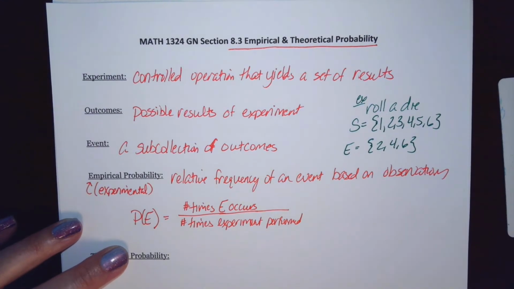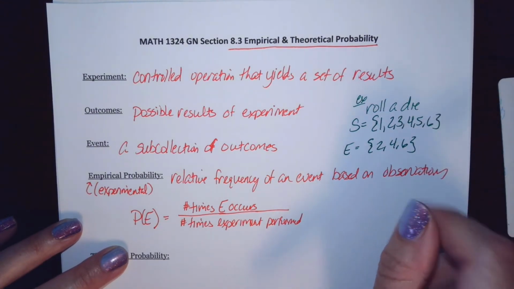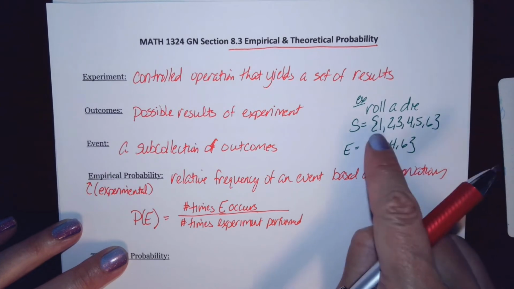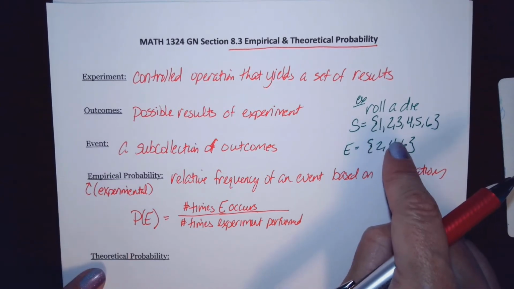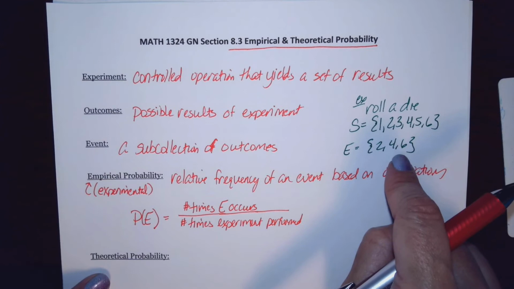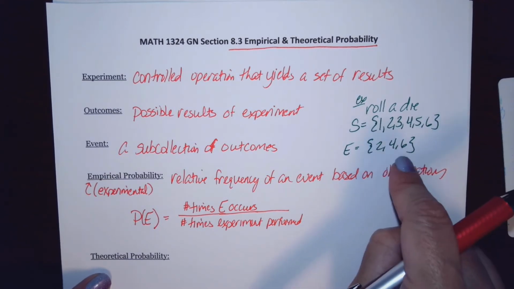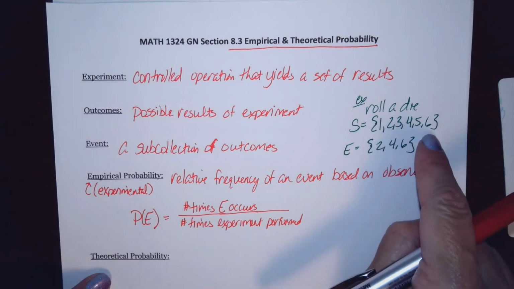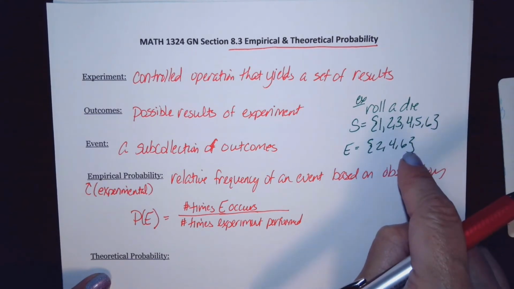So I'm not comparing, for example, if my event is rolling an even number, theoretically, I've got an even chance at rolling an even number because 3 of the 6 outcomes are all even numbers. So I've got a 0.5 probability, or 1 out of 2, or 3 out of 6.